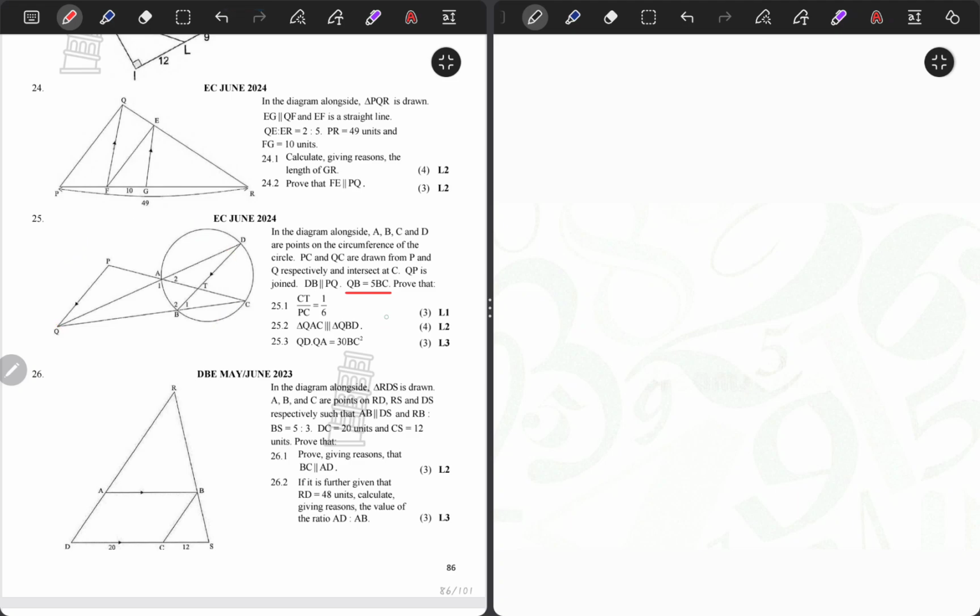We can make QB over BC the subject of the formula. This will be 5 over 1, meaning QB will be 5x and BC will be x.